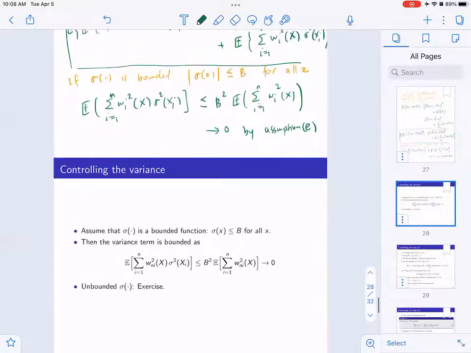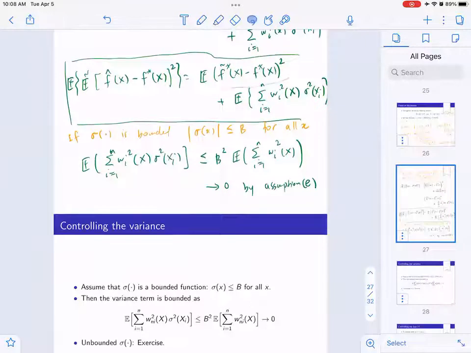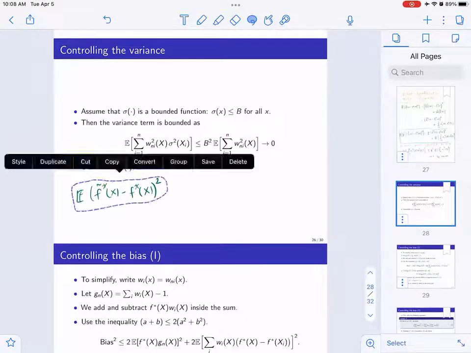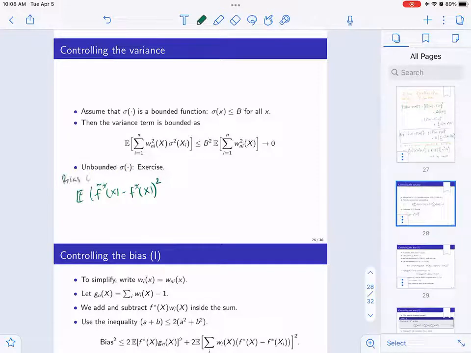Let me rewrite the bias. So that's the bias. Bias control. I have to expand this a little bit. So this was the summation from i equals 1 to n of w_ni(x) times (f star x_i minus f star x).